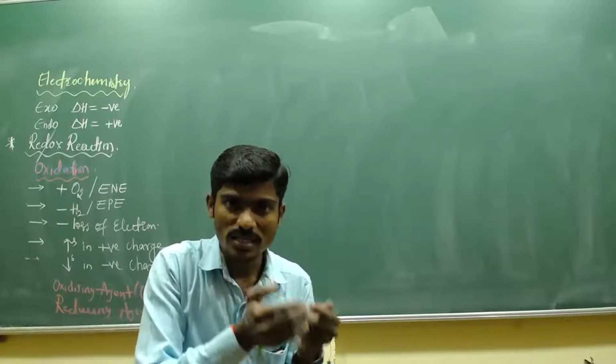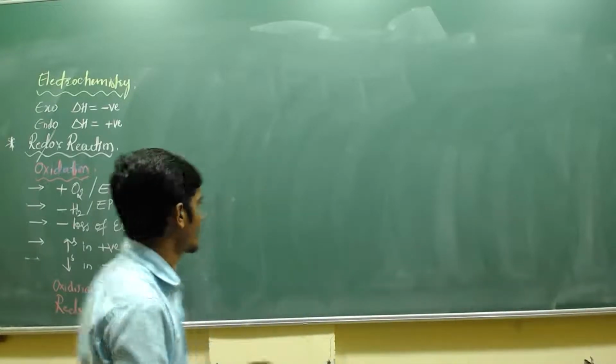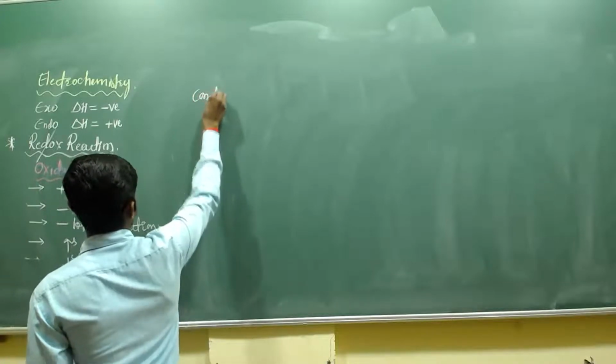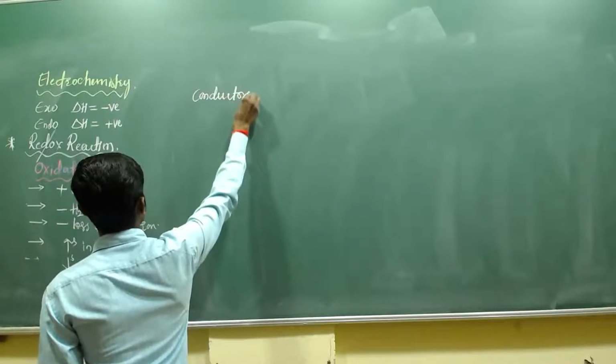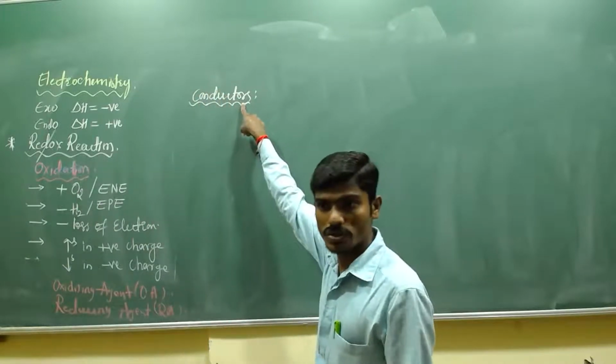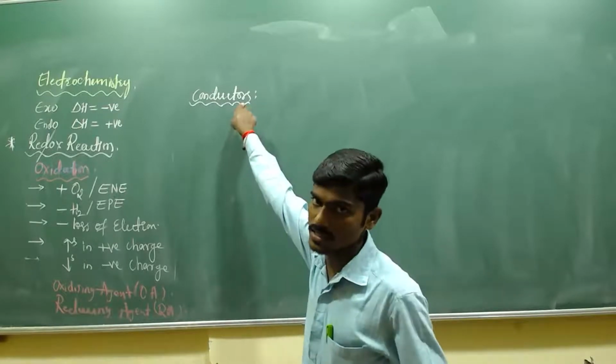So conductors are of two types: metallic conductor and electrolytic conductor. So we are discussing in part first about conductors. The substances which allow the passage of electric current through them are called conductors.